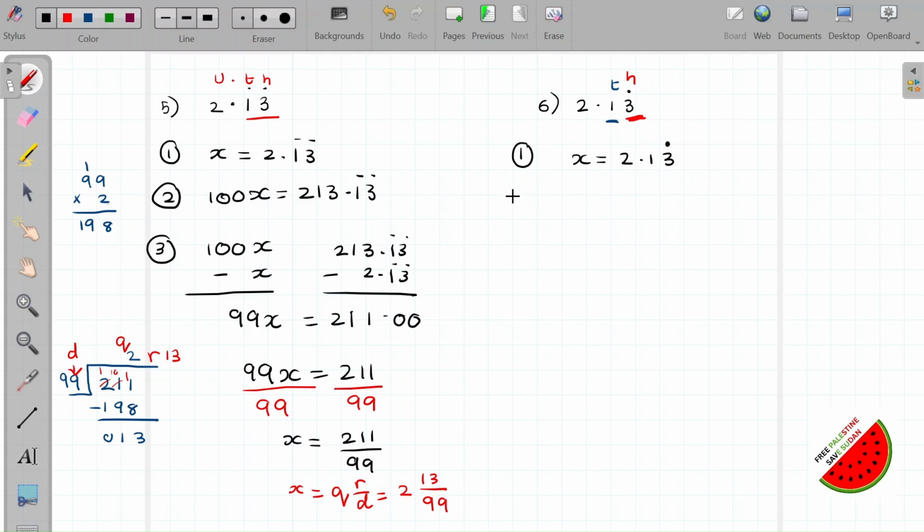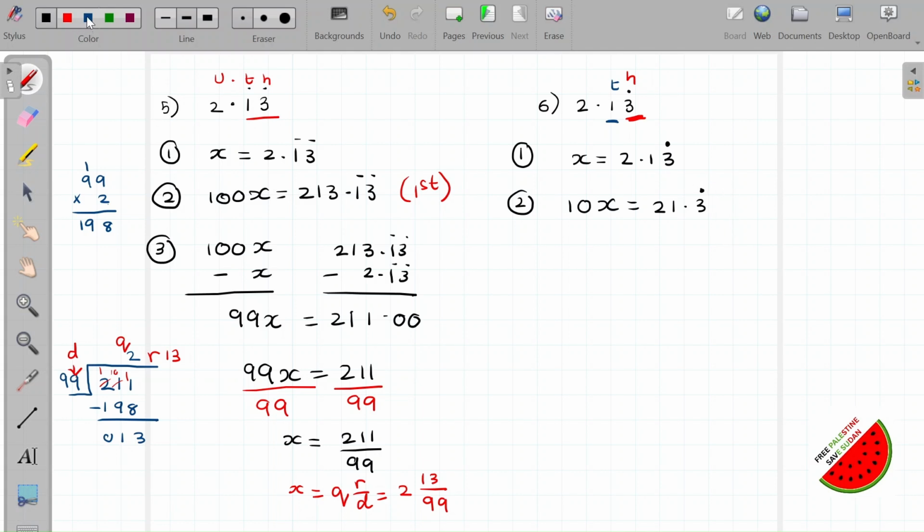So for the first multiplication, in the previous question we only had 1, I didn't bother writing that. So here we have 10x, because the non-recurrent digit is in the tenths place, so it'll be 21.3 recurring.